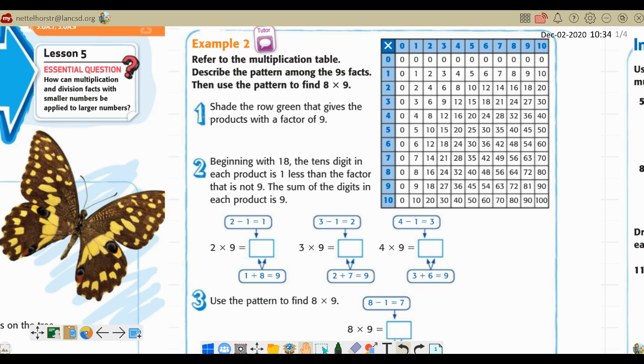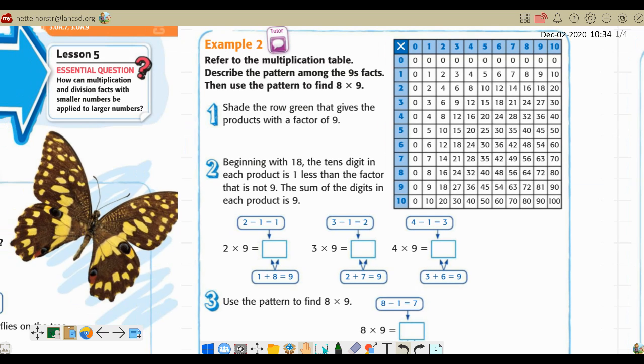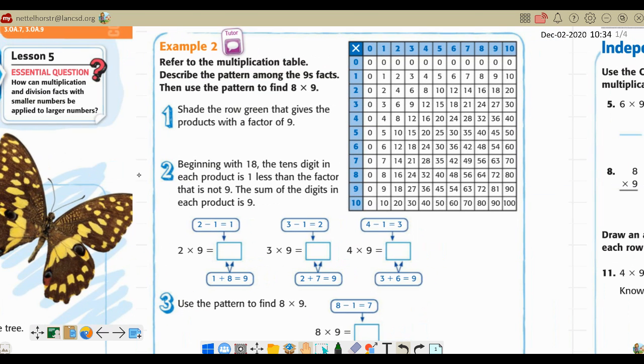So we're going to shade the row green that gives the products with a factor of 9. Now it says to shade the row, oops, sorry, I was still in scrolling mode. Okay, it says to shade the row green that gives the products with a factor of 9.